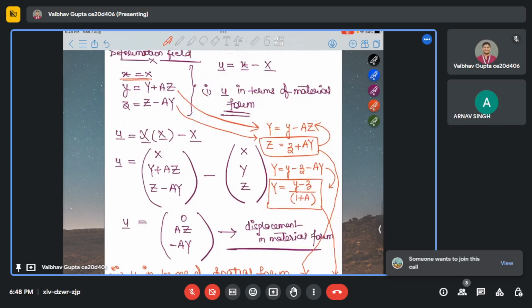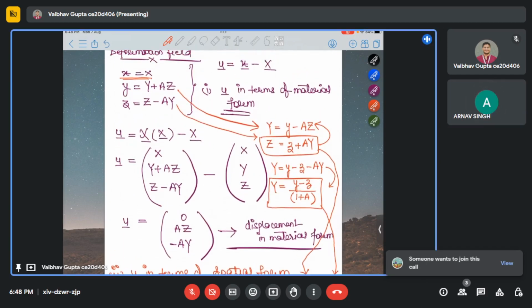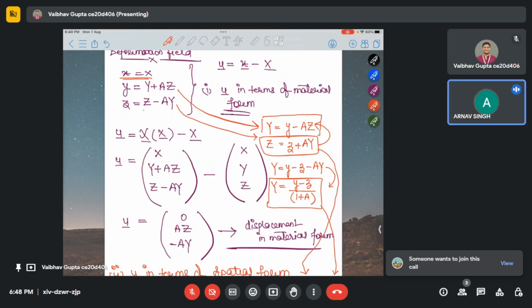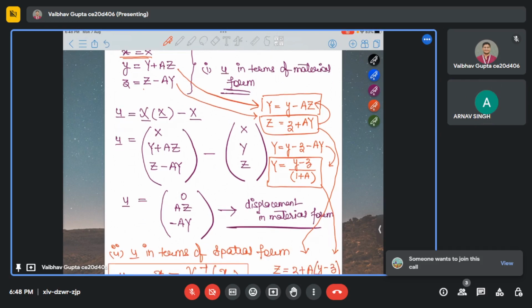You get this thing or not? See, here we write this capital Y in terms of small y. So y minus AZ. Now here we write capital Z as small z plus AY. Got it? Now we substituted the value here. We made one mistake.